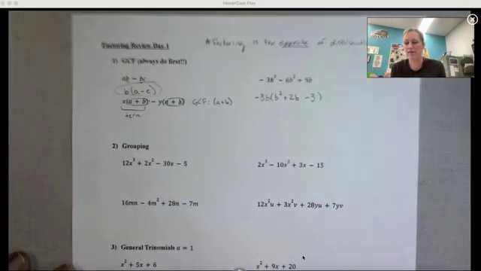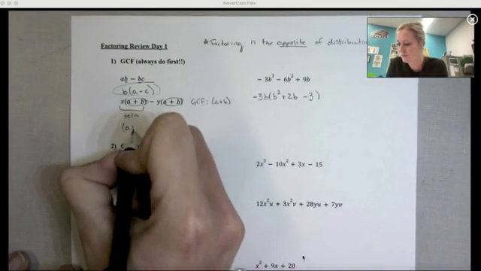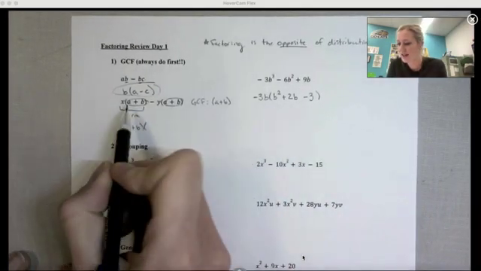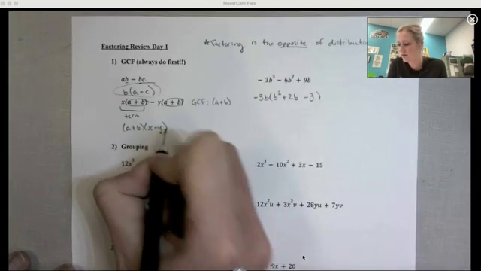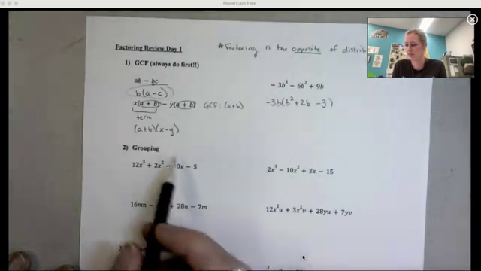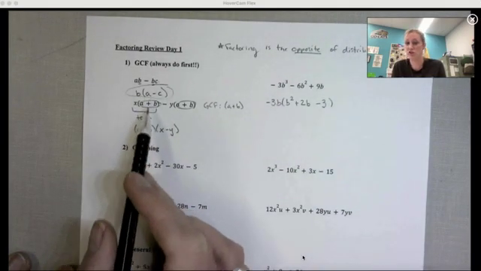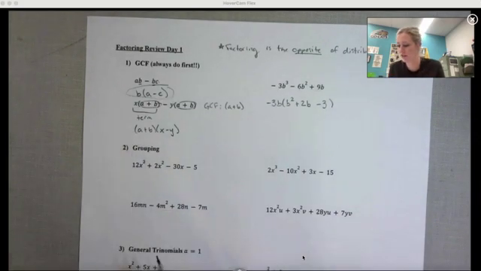They both have that in common, so I'm going to pull that out front, divide that out, and what's left is x minus y. So that is what this looks like. I can have a GCF that's more than just one component. It could have addition and subtraction involved in it as well.